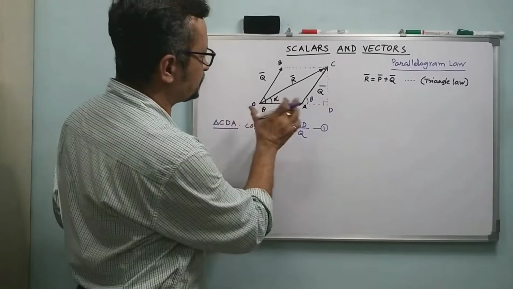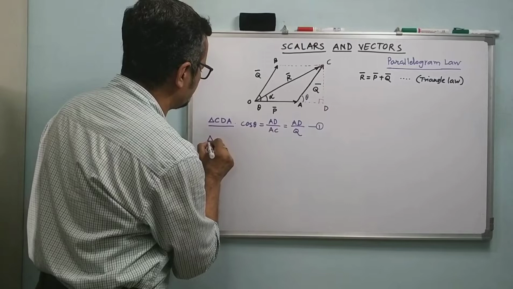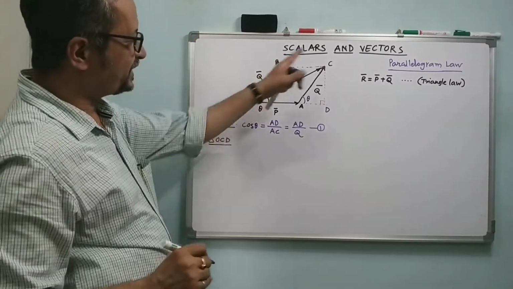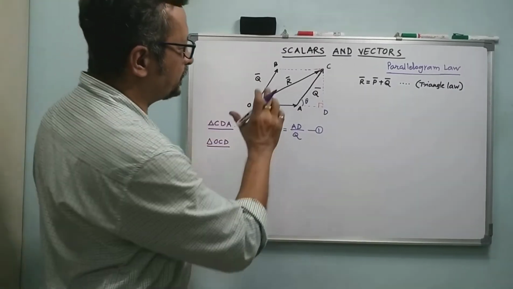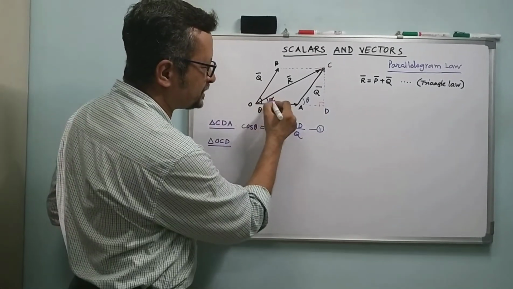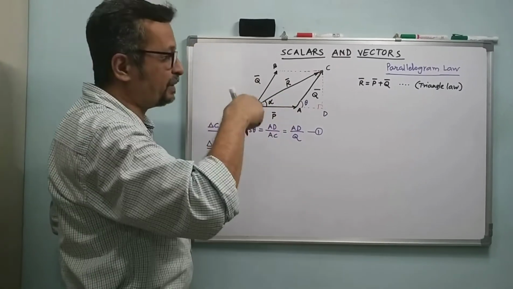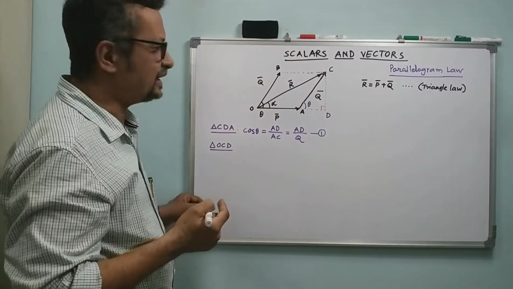What about triangle OCD? In triangle OCD, this angle alpha is the angle between the direction of my first vector and the resultant, and that angle I have written as alpha.